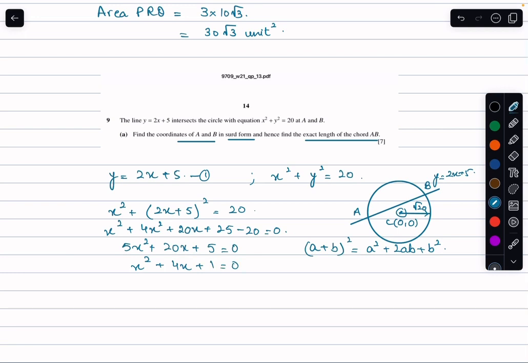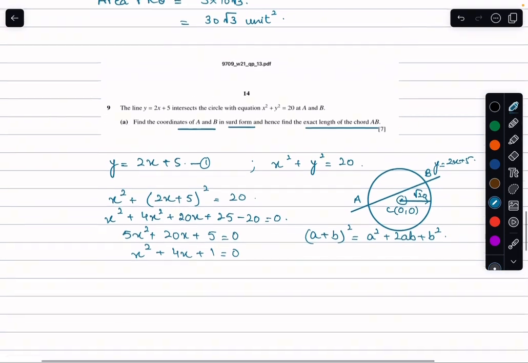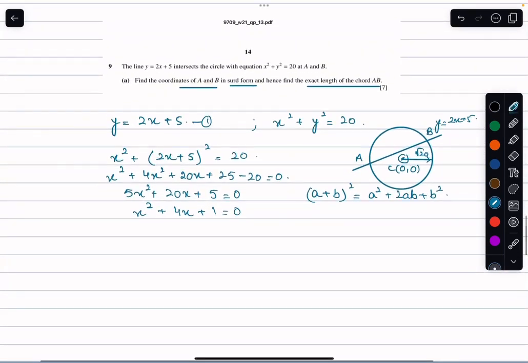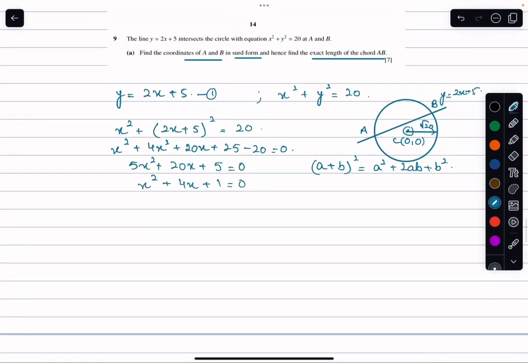I want to give the coordinates of A and B, and they need to be in surd form. So to do that, I can just apply the quadratic formula, which is minus b plus minus under root b square minus 4ac, divided by 2a. I know that a is the coefficient of x squared, b is the coefficient of x, and c is the constant.